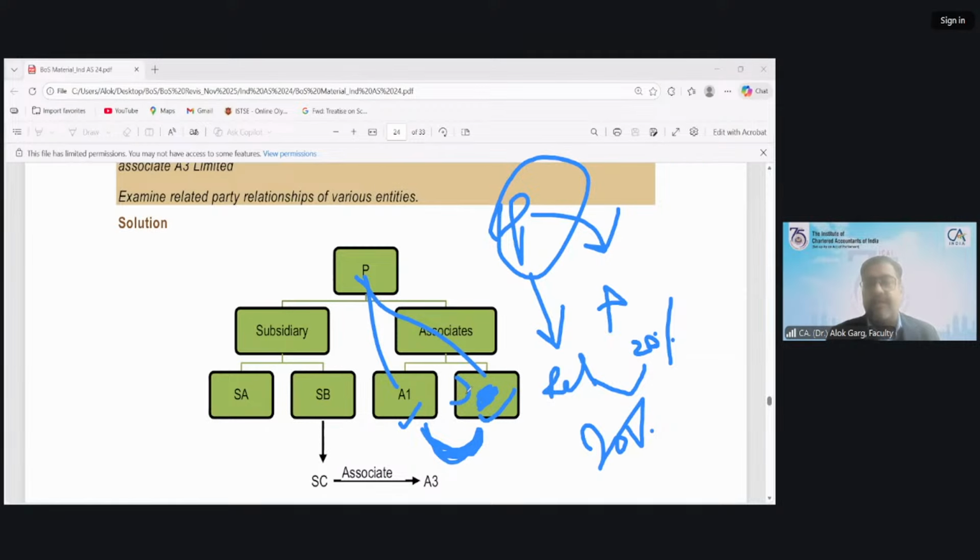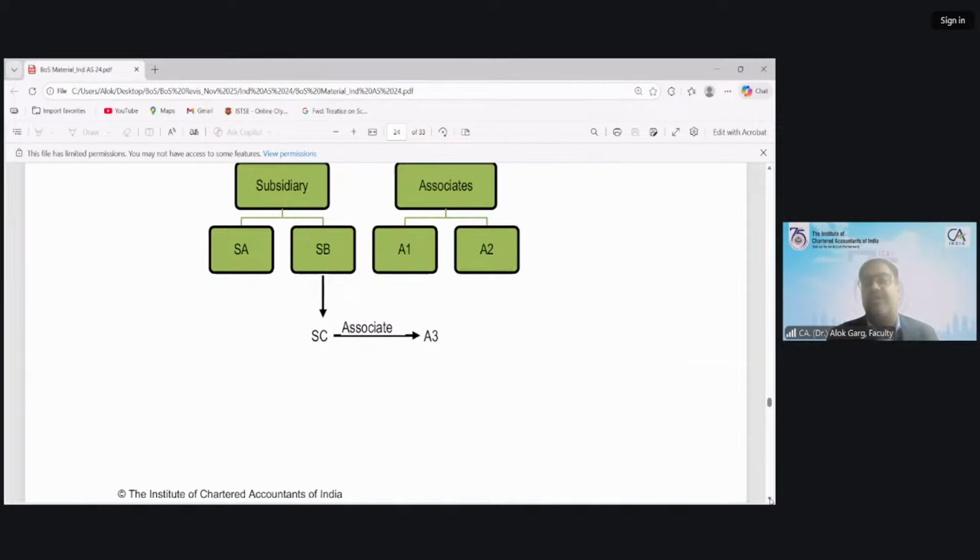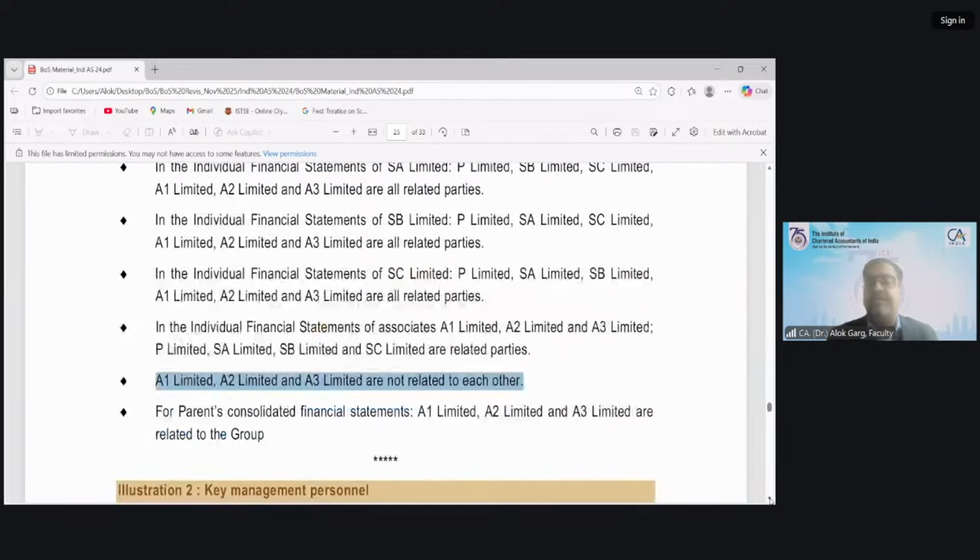Saminathan, instead of A1, if it is JV2 and JV1, then these two are related parties, right? But here A1, A2 and A3 themselves are not related parties. Other entities are related. Is that clear? Yes, sir.